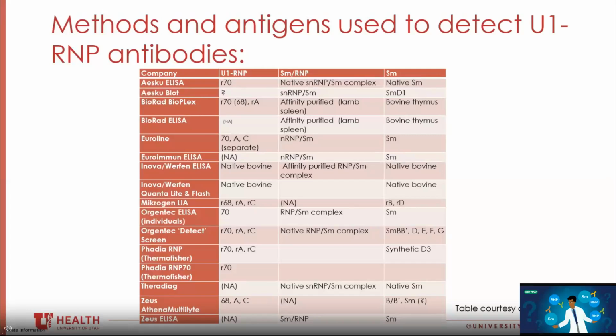The variety of antigens that can be used to detect RNP antibodies, in addition to the diverse types of solid phase immunoassays used to measure these antibodies, contributes to the confusion that exists regarding nomenclature, reporting, and interpretation of anti-RNP results.